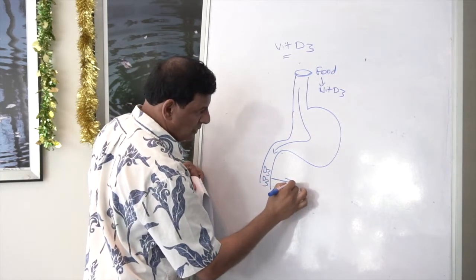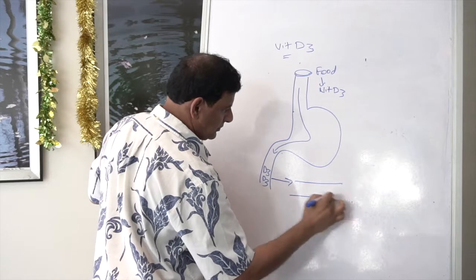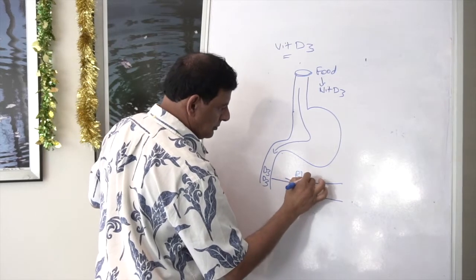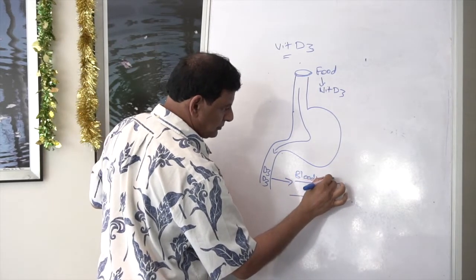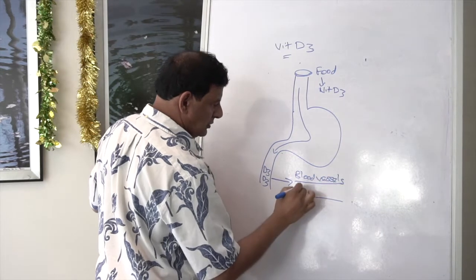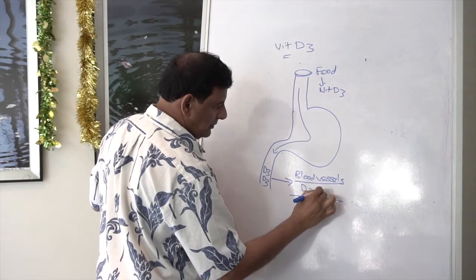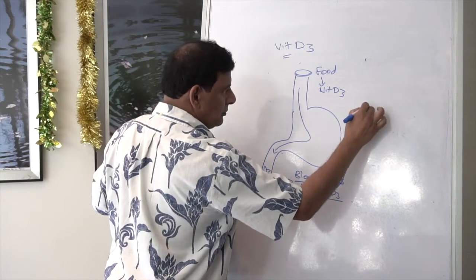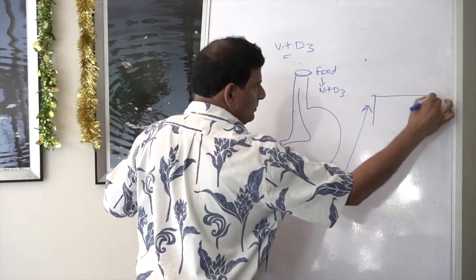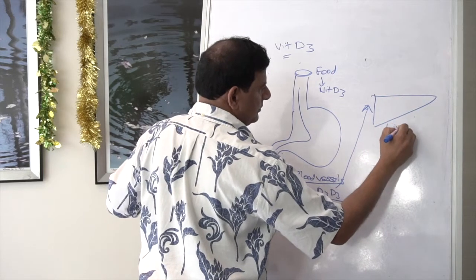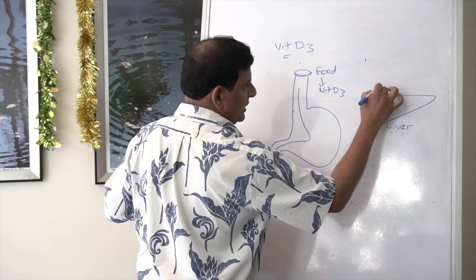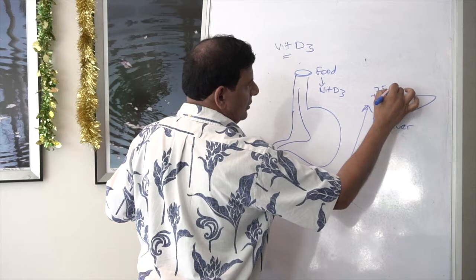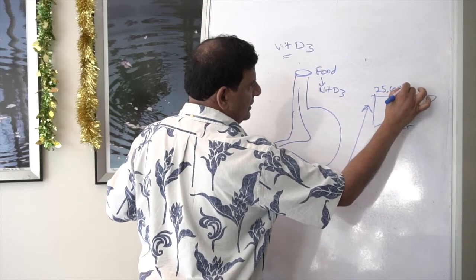D3 is absorbed into the blood vessels. So you have D3, D3, D3. D3 goes into the liver. And there it is converted to 25 hydroxy D3.